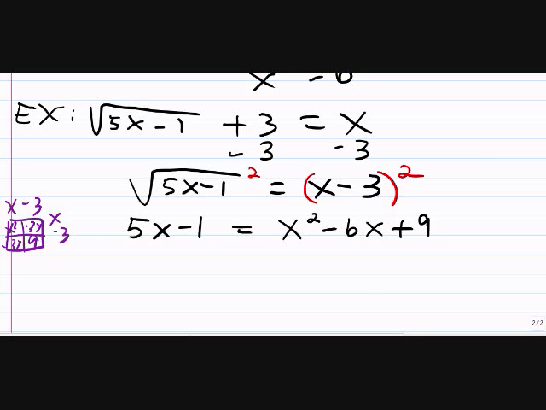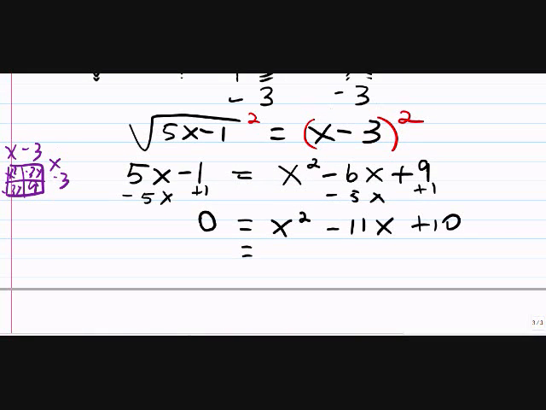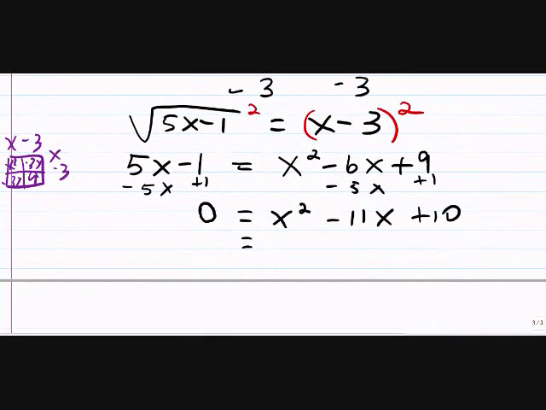Okay, now I'm going to solve a quadratic. So I'll subtract 5x from both sides and get negative 11x. My x squared stays. I'll add 1 to both sides and get a plus 10. All of that equal to 0. Now I can factor this one.